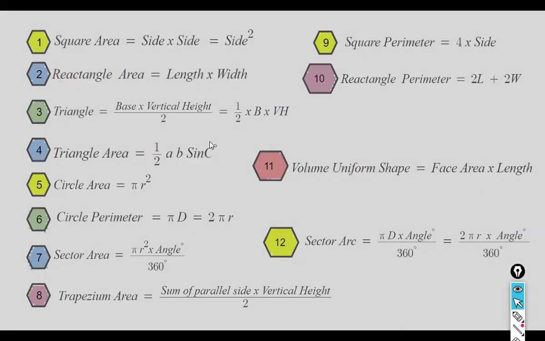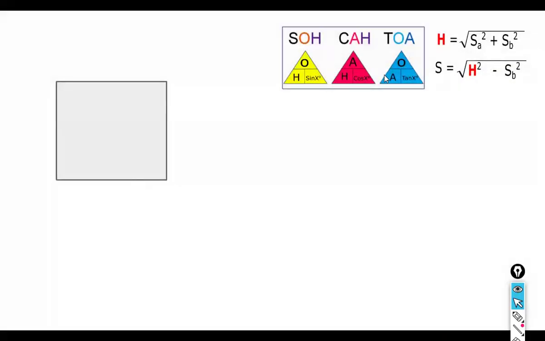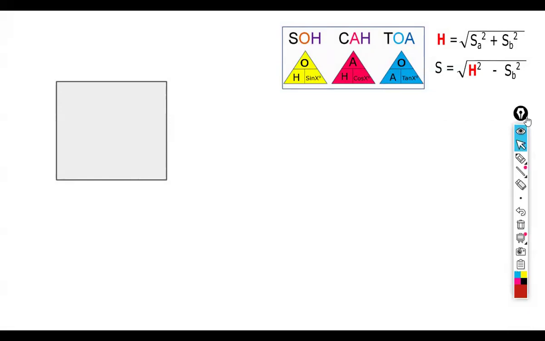So let's start off with a question from about 5 years ago. In front of you is the world's simplest shape, a square. Everyone just quickly draw a square for me. I'm going to give you a real easy question to start off with.